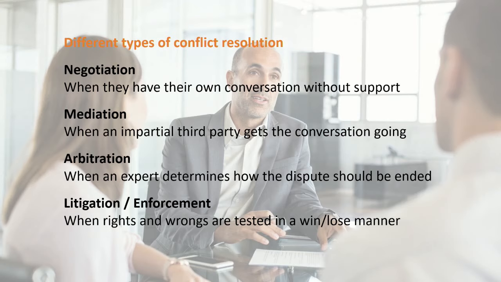And they're tested in a win-lose manner. So you either are or you are not in breach of the rules. You either are or are not guilty of misconduct. So this is when we get into a more enforcement type area.